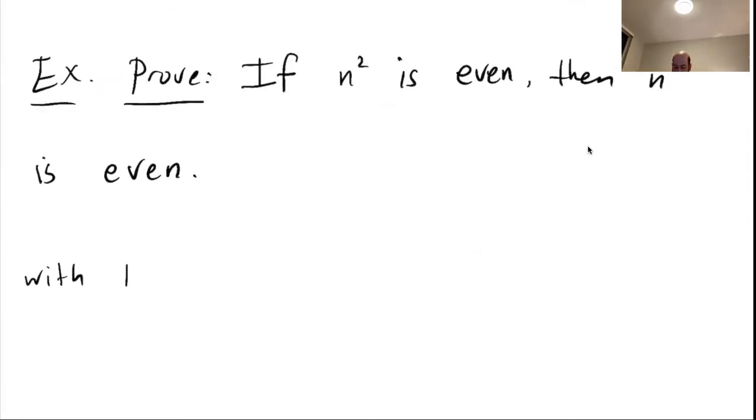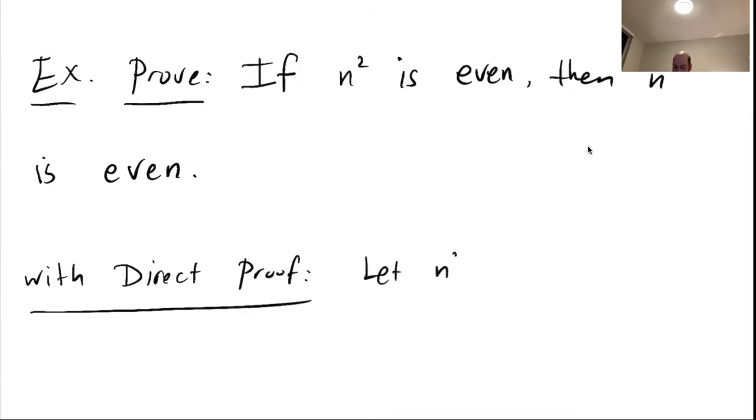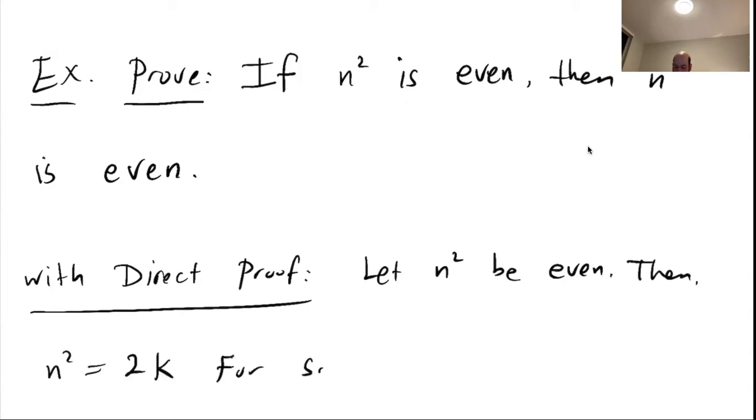So with direct proof, let n squared be even. If I have an even number, that means that number can be written in the form, let's say, 2k, for some integer k.